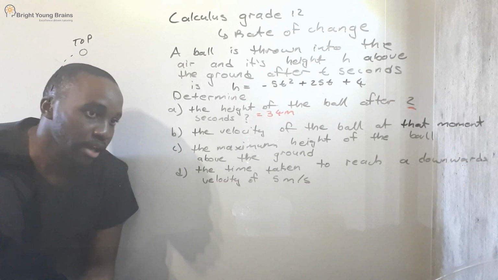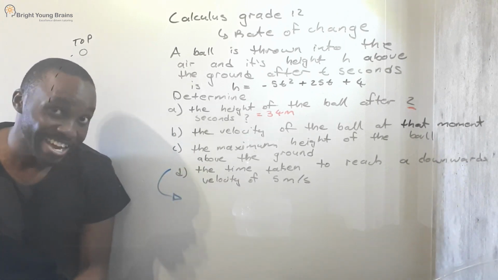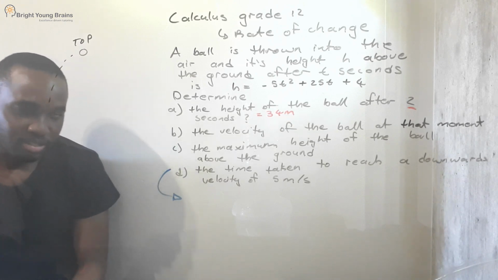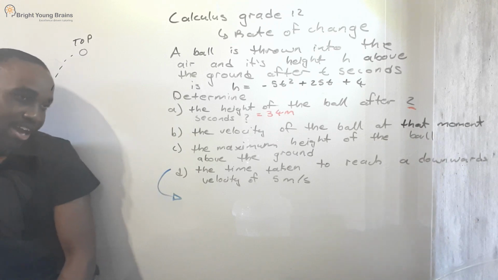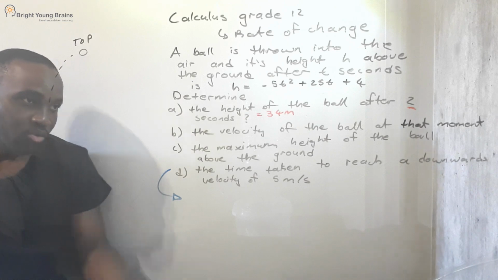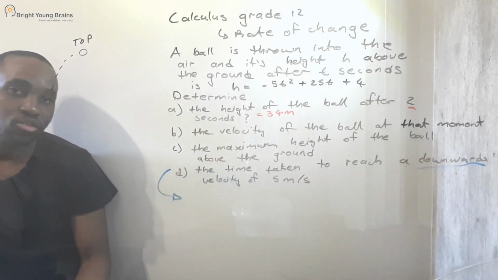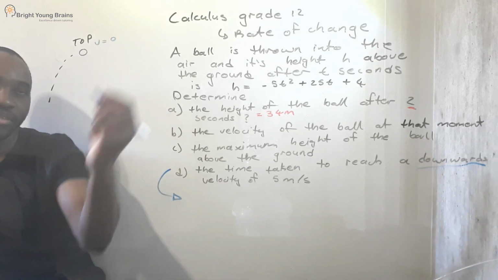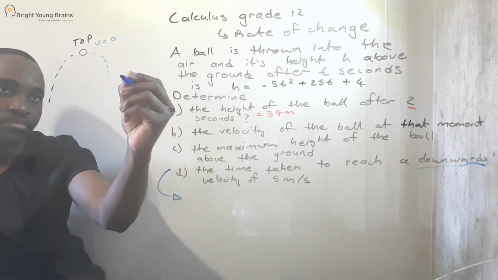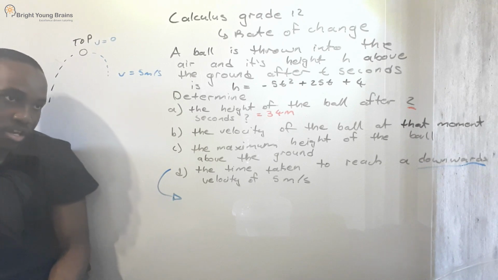So this question now, D, says we need to determine the time taken to reach a downward velocity of 5 meters per second. The keyword here is downward velocity of 5 meters per second, because we know that at the top our velocity is 0, and then on its way downwards at some point the velocity is 5 meters per second.